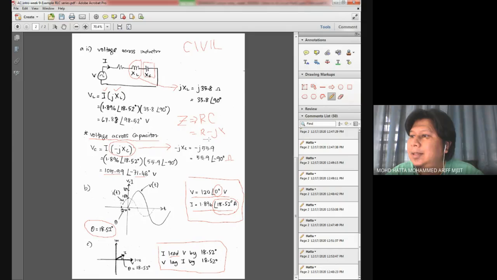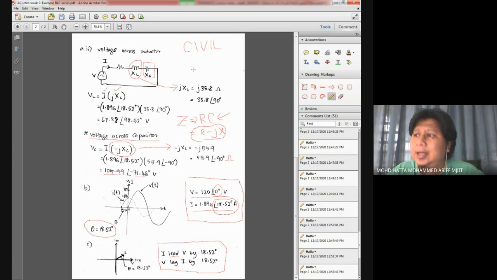The minus sign over here tells me that this is more towards an RC circuit. C is more dominant compared to the inductor. So we can consider it as an RC circuit, although it's a combination of R, L, and C, but C is more dominant compared to the inductor. So that's why we get into this conclusion.